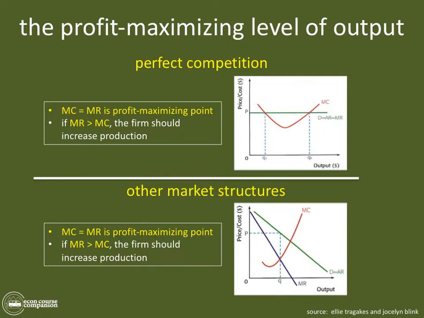All right, now let's take a look at the profit maximizing point in the other market structures, which are monopolies, monopolistic competition, and oligopolies, okay? So this is the slide you just saw before, and what I did was I just put the other market structures on here so that you could compare and see that it's actually the same ideas, right?